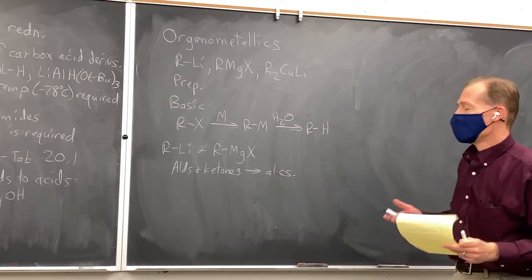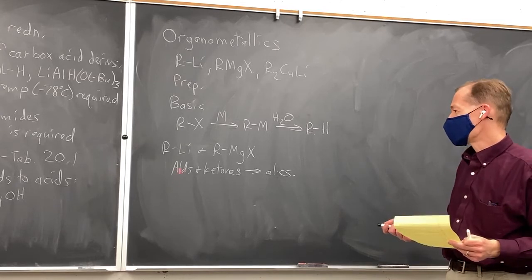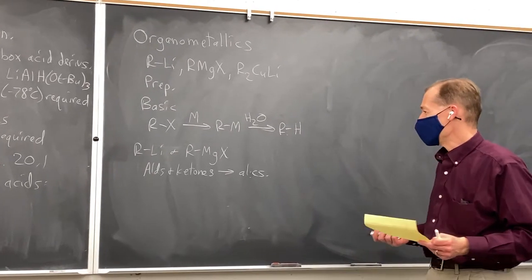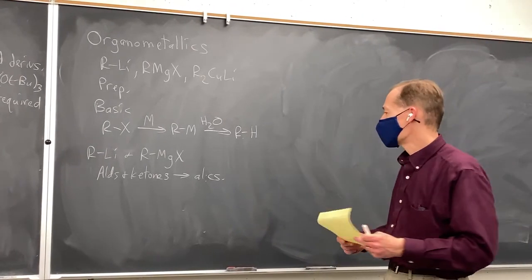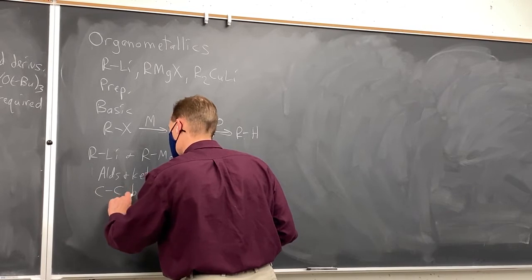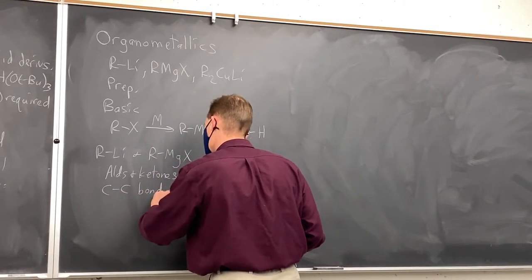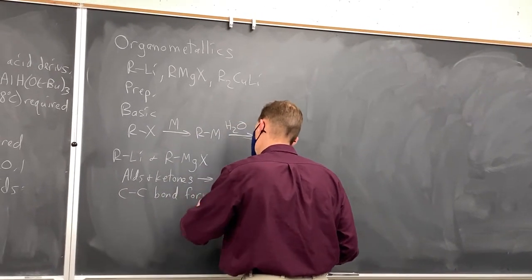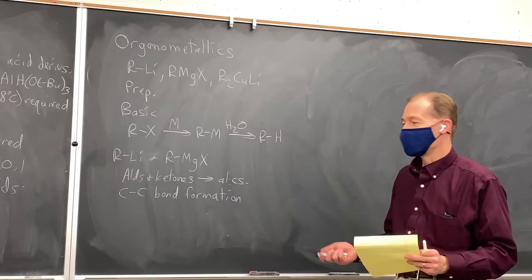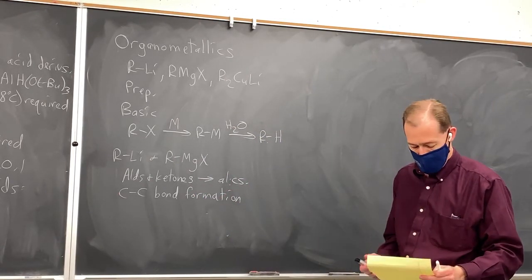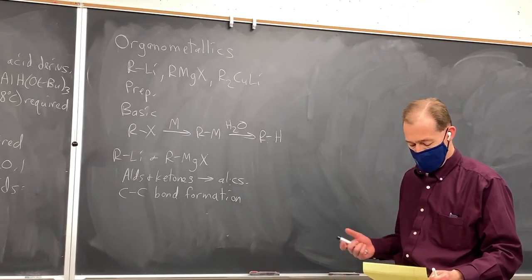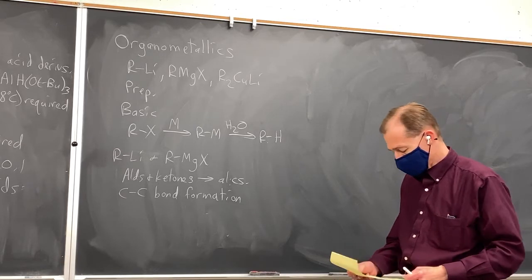We form secondary alcohols from the reactions of aldehydes with these reagents, tertiary alcohols from the reactions of ketones with these reagents. These are very important reactions because they involve formation of a carbon-carbon bond. They allow us to make longer chain alcohols from shorter chain aldehydes or ketones and these reagents. So these are very useful reactions in terms of synthesis.